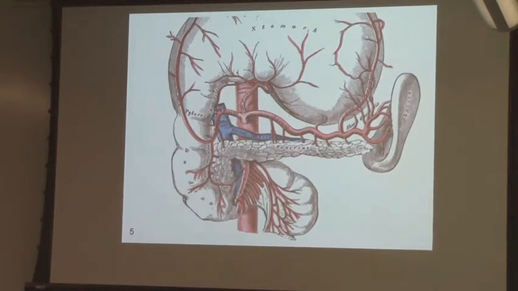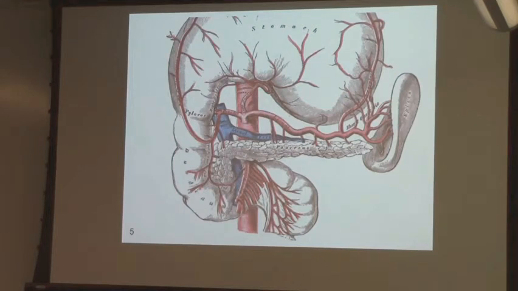So I could ask you a question, something like: blood is coming from the aorta and it's destined to go to the greater curvature of the stomach. What arteries does it go through? Well, you'd have to be thinking about celiac trunk to the splenic, to the left gastroepiploic, and celiac trunk to the hepatic to the right gastroepiploic.